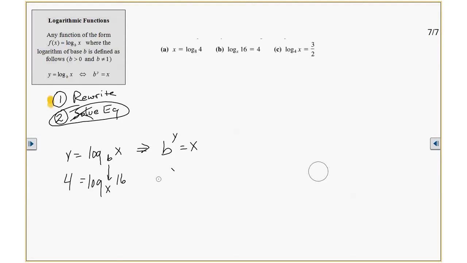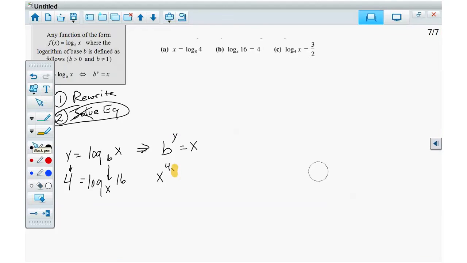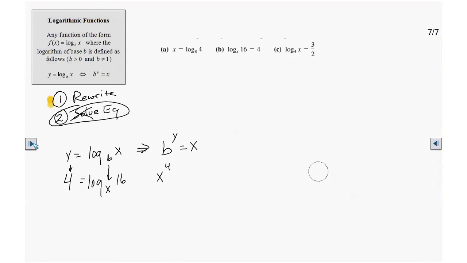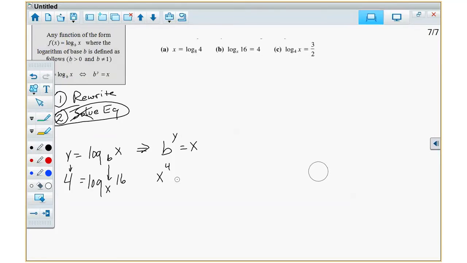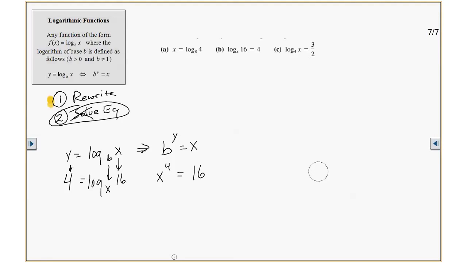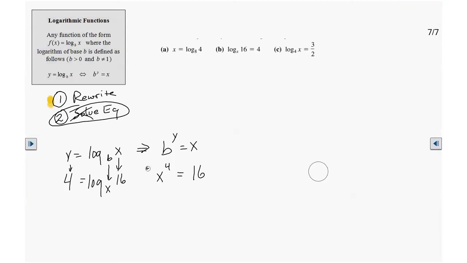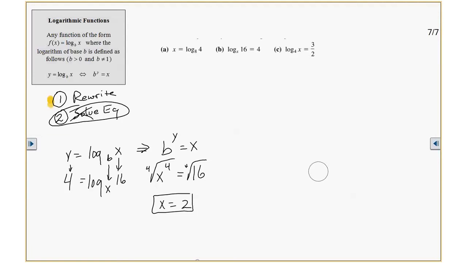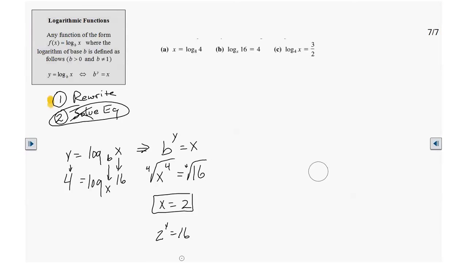The x to the 4th is equal to 16. And you really don't have to do anything here except take the 4th root here and the 4th root here, and x is equal to what? Check it. Put it up here. 2 to the 4th is equal to 16, and check it in your calculator.